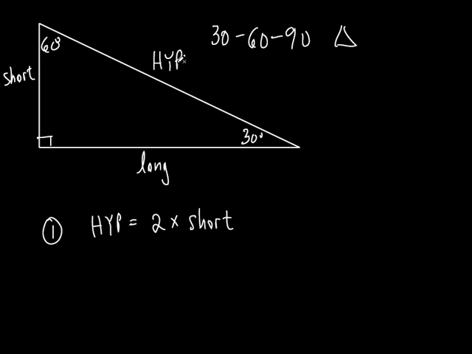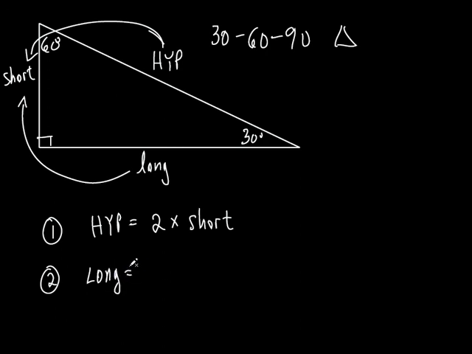So it's a nice relationship between the hypotenuse and the short leg, and there's a second relationship between the long leg and the short leg. They both relate to the short leg. So the short leg's the important leg on this right triangle. Watch what we have here. The long leg is equal to the square root of 3 times the short leg.